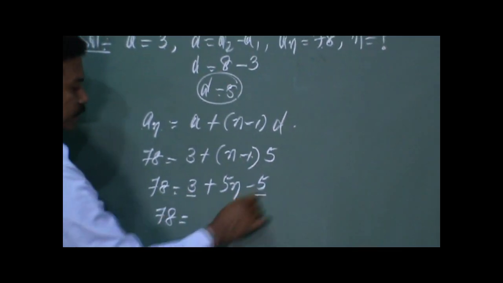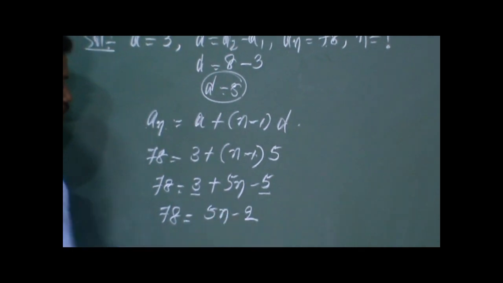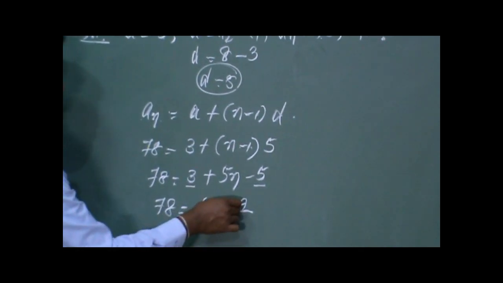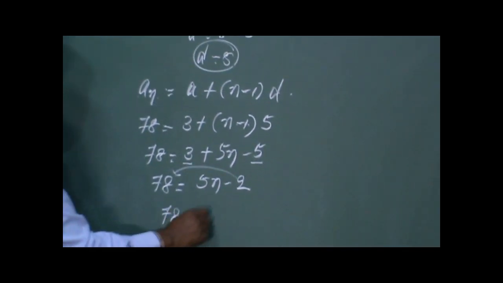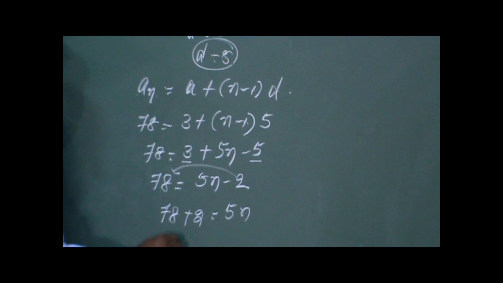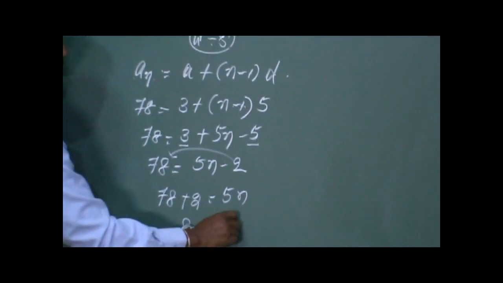So 78 is equal to 3 minus 5 plus 5n. Simplify the constants, so it becomes 5n minus 2. Transpose the constant minus 2 to the LHS. So 78 plus 2 is equal to 5n. 78 plus 2 is 80. 80 is equal to 5n.